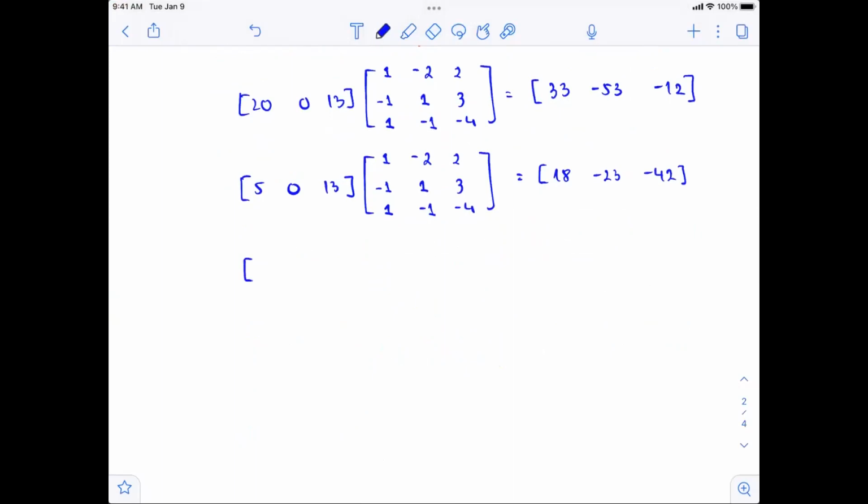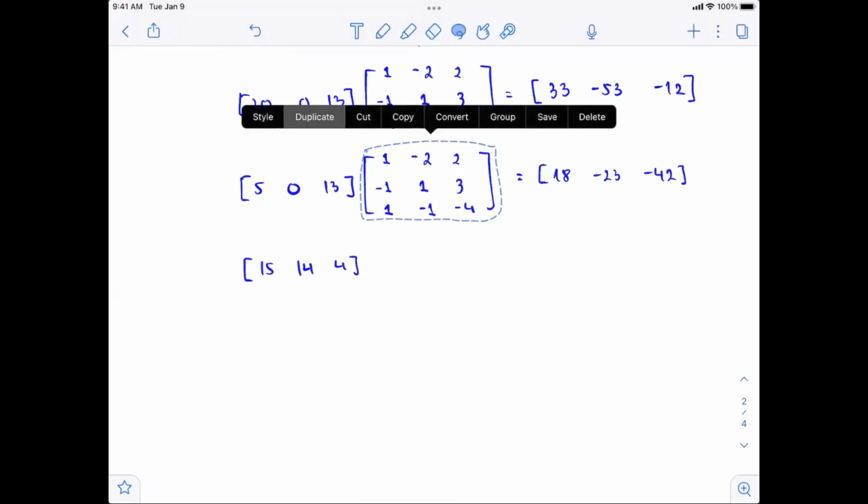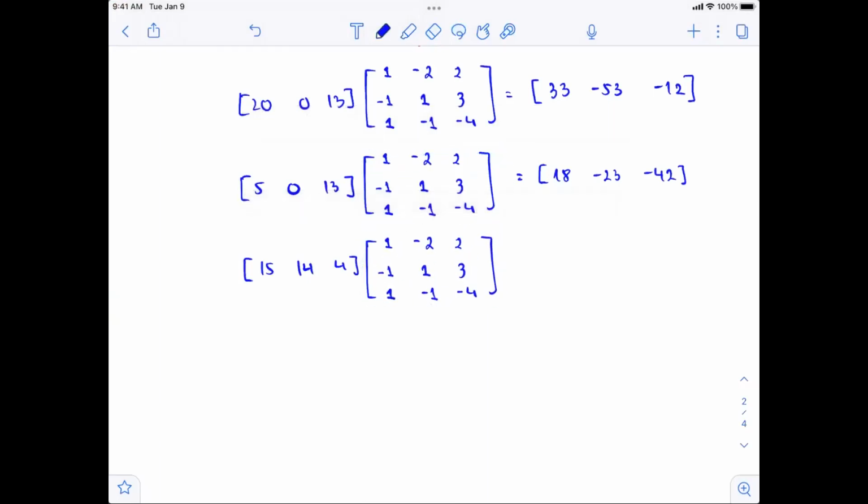The fourth row matrix is 15, 14, 4. And you're going to multiply with this encoding matrix one more time. It gives me the row matrix of the form 5, -20, 56.